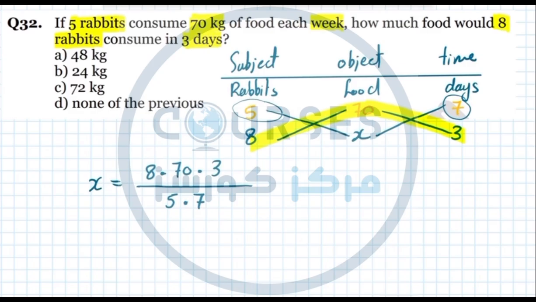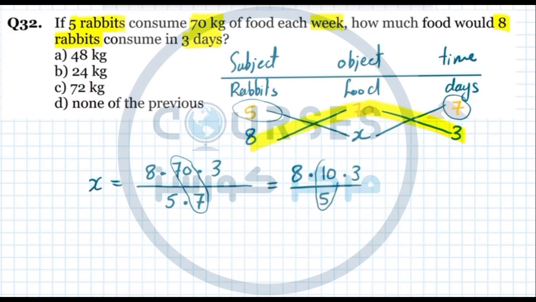Mister, this looks like a complicated division. No, it's not complicated. Let's split it. Let's take the 70 with the 7, because the 70 is divisible by 7. So that's going to be 8 times 70 divided by 7, that's a 10, times 3 over 5. Can we still simplify?